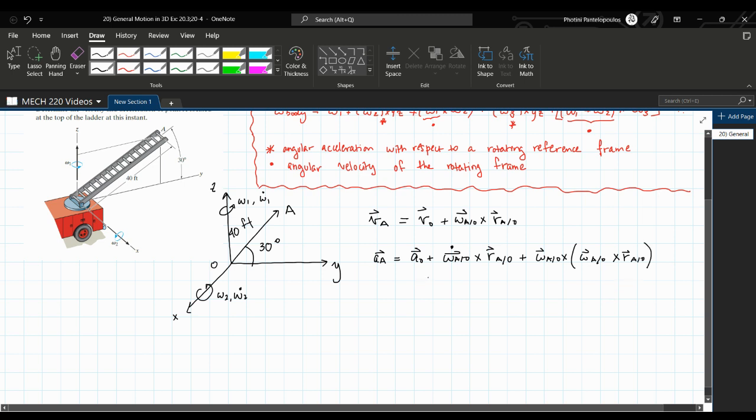Our point O here, which is a known point, is completely fixed. It's not moving, it's not accelerating, so immediately we can say that the velocity of point O is 0 and that the acceleration of point O is 0.